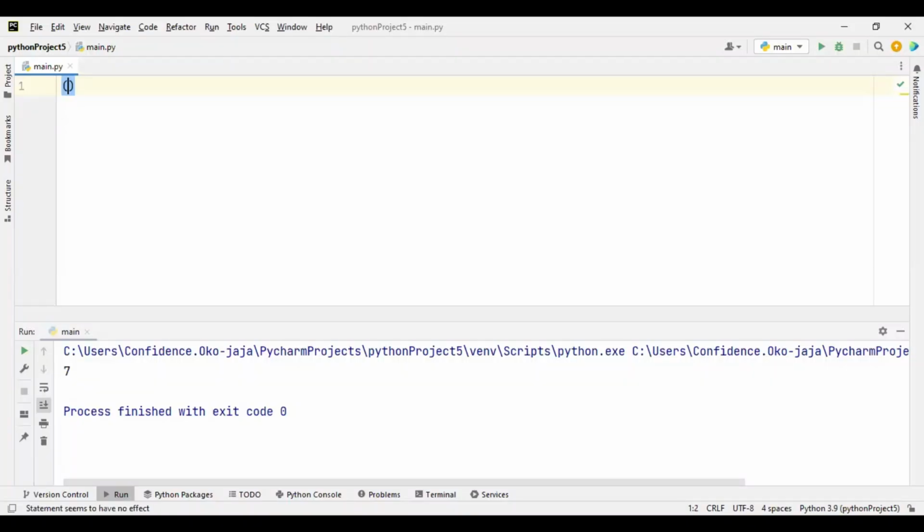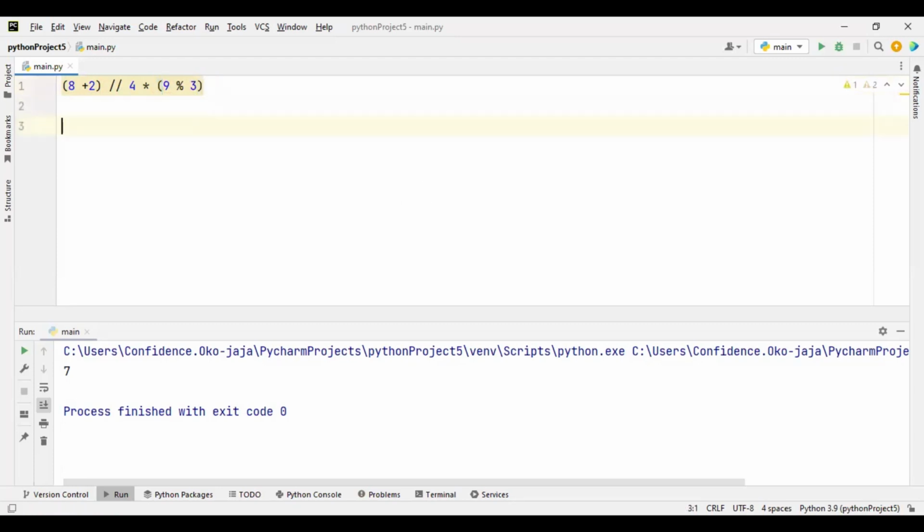We have 8 plus 2, floor division 4, multiplied by 9 modulo 3.